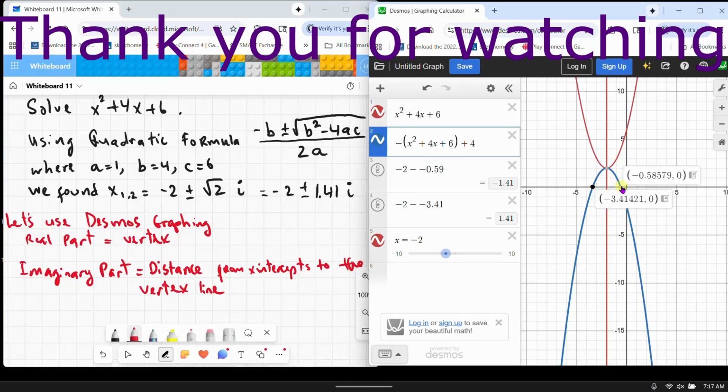We have two x-intercepts: the left-hand side of this vertex line, which is negative 3.41, and the right x-intercept, which is negative 0.58. You want to see how far it is from the vertex point to the left x-intercept and from the vertex point to the right x-intercept.